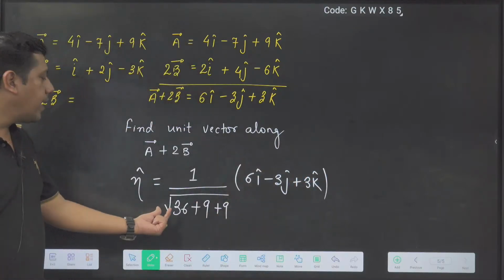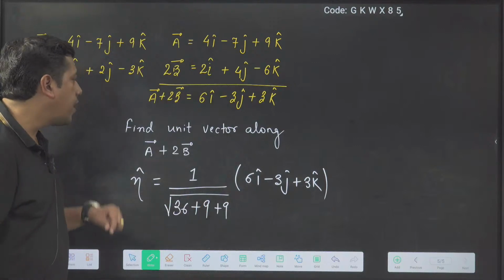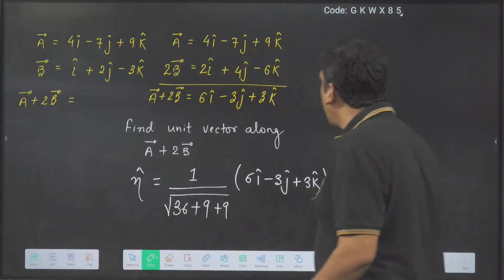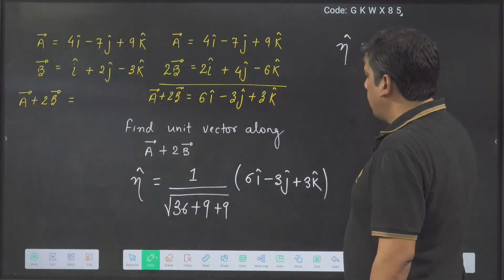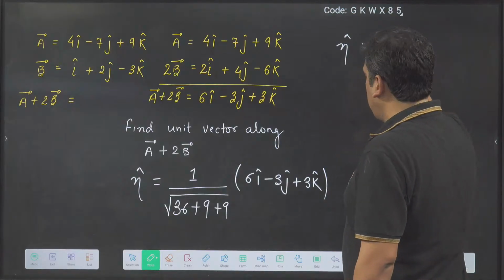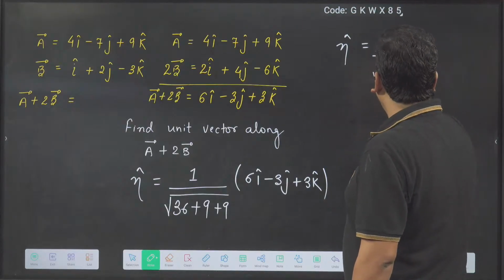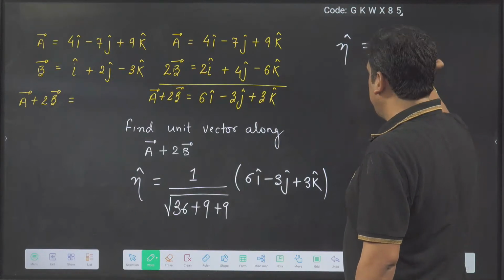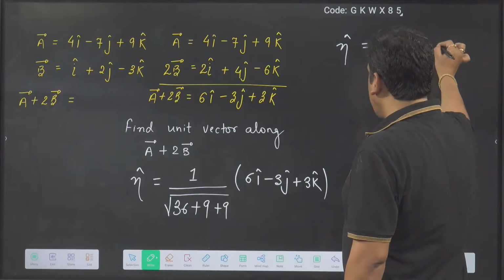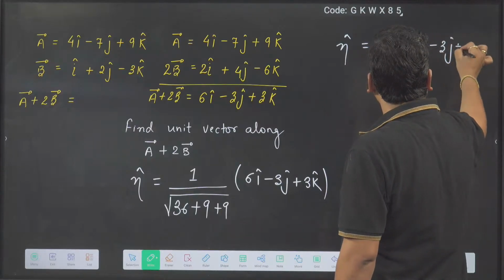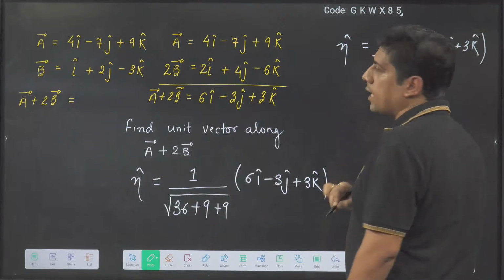If you add it, I think it is coming 54. So you can write the unit vector is 1 by root 54, you can take common, and 6i cap minus 3j cap plus 3k cap.